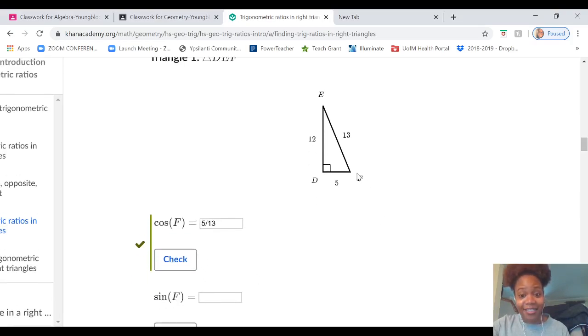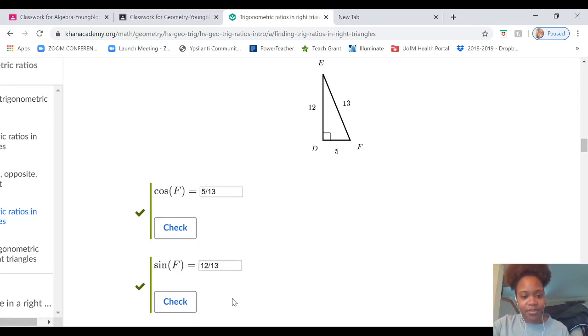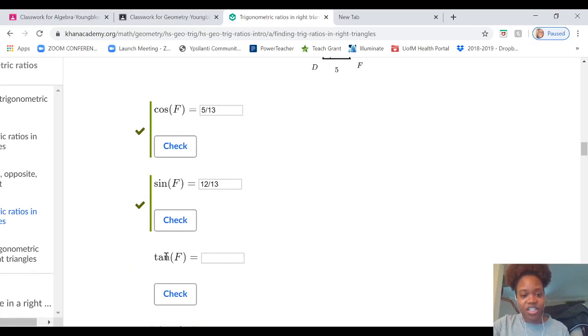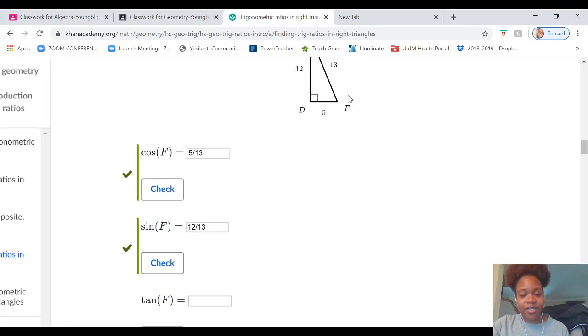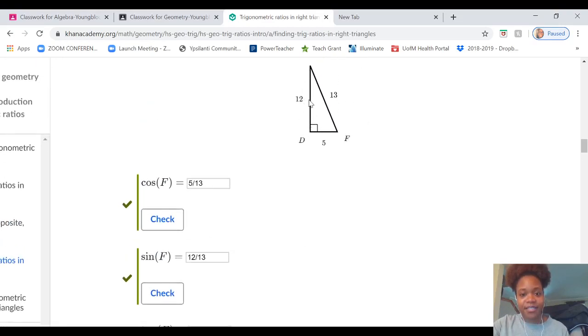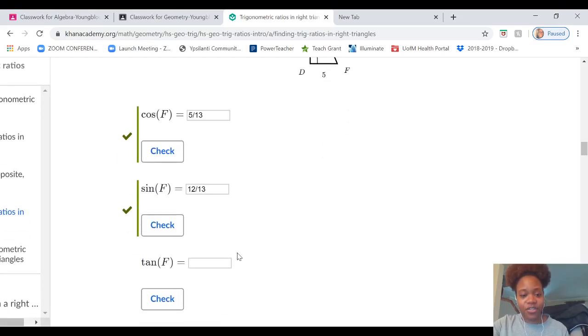The sine for angle F is the opposite over the hypotenuse, so it's going to be 12 over 13. And the tangent for angle F is the opposite over the adjacent, so it's 12 over 5.